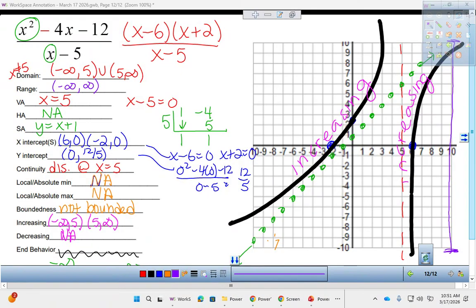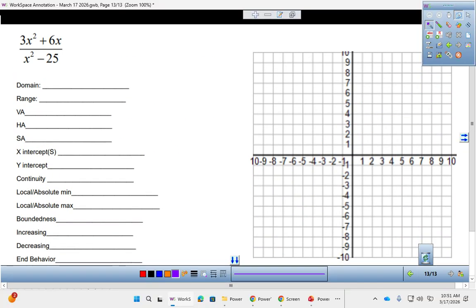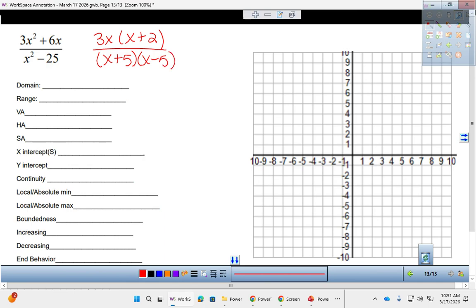All right, let's look at the next one. So factor the top. I'm going to divide out a 3x. Factor the bottom. Perfect square, so plus 5 minus 5. My restrictions are negative 5 and positive 5, coming from that denominator.